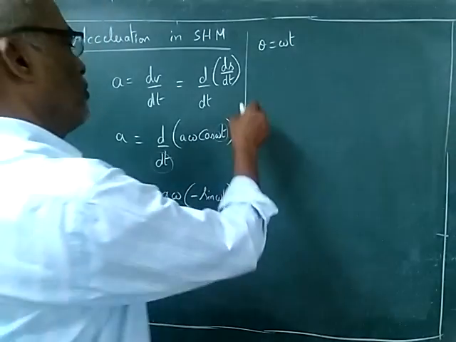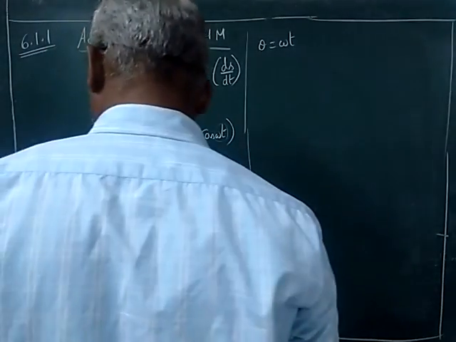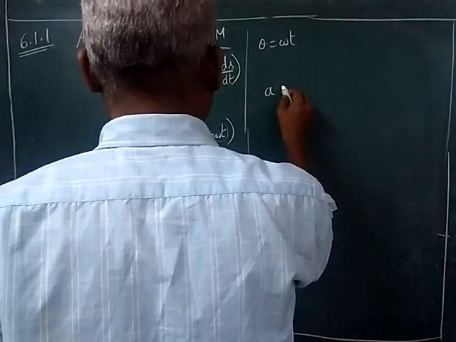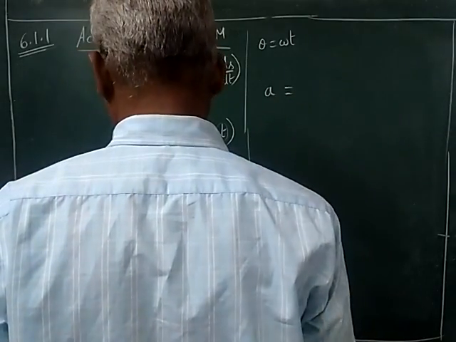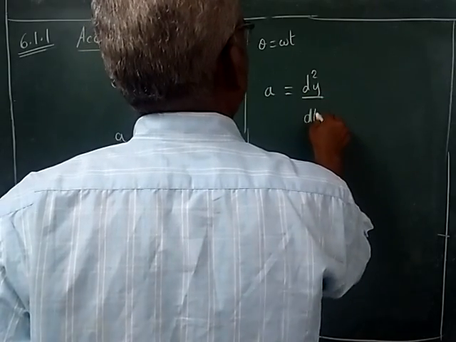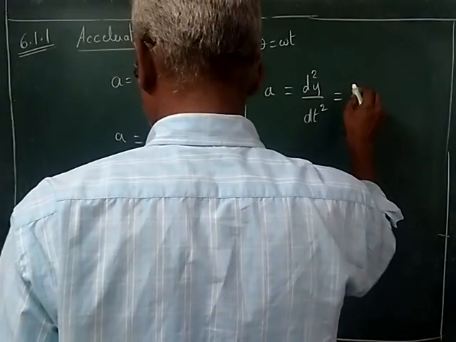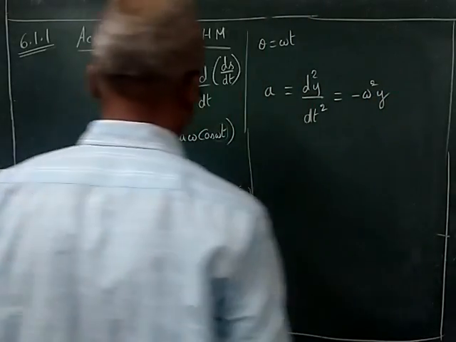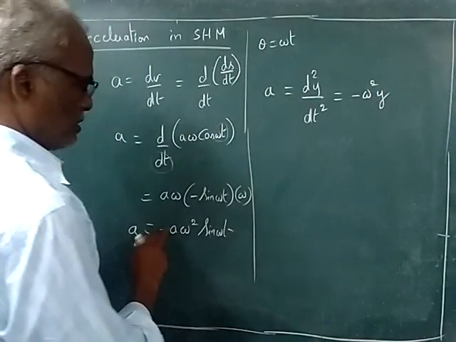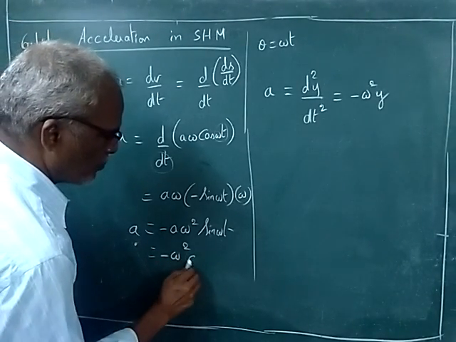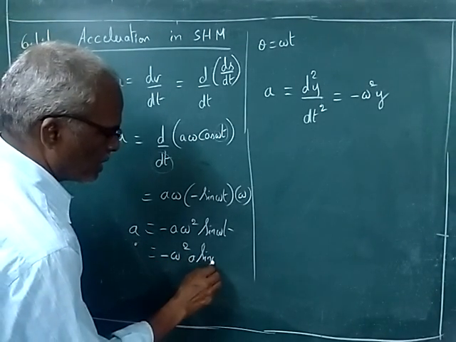Now if you carefully watch, this acceleration can be written as a is equal to d square y by dt square, which is equal to minus omega square y. So this can be written as minus omega square a sin omega t.